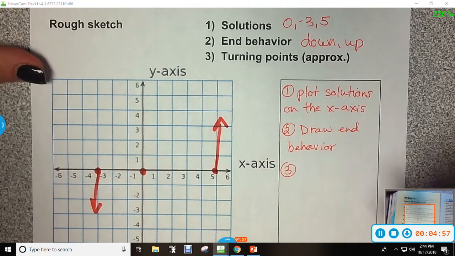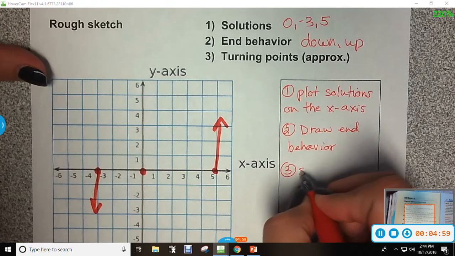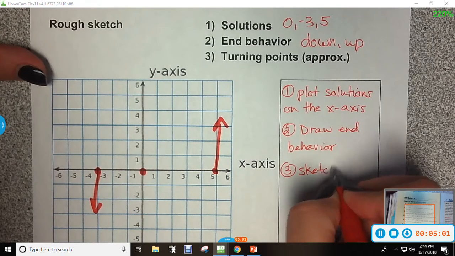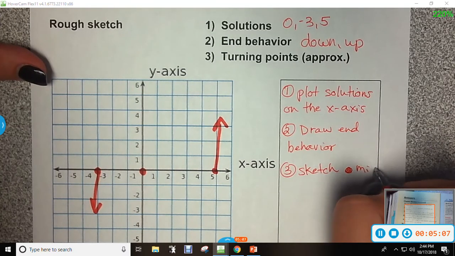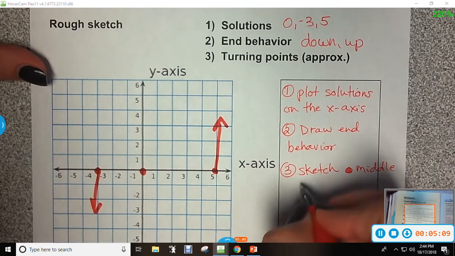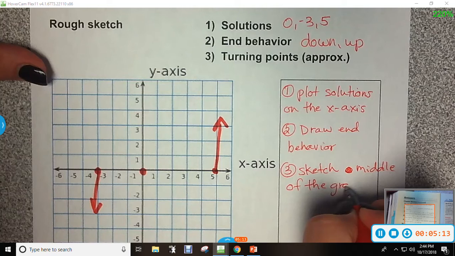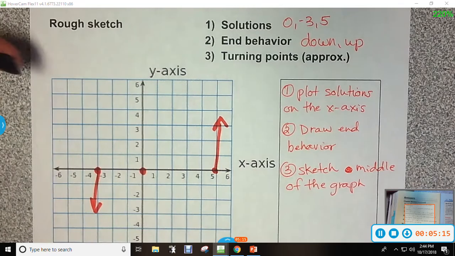And now what I'm going to do is I'm just simply going to sketch, and that's all it is. It's a rough sketch of the middle of the graph. Okay, let's talk about how to do that.